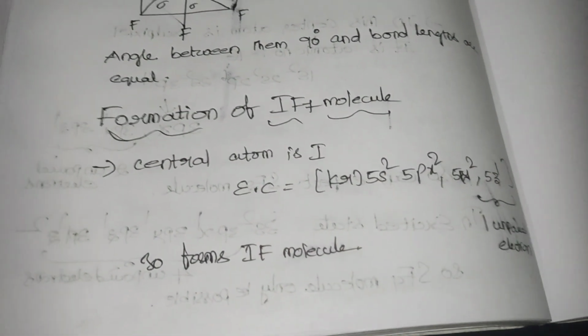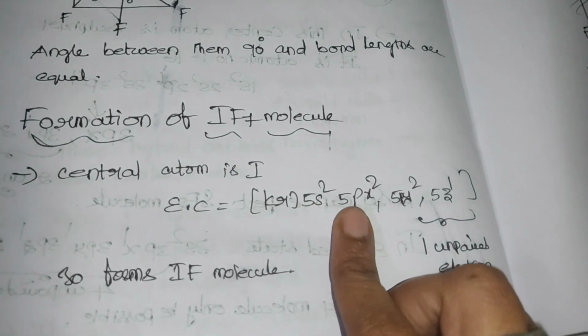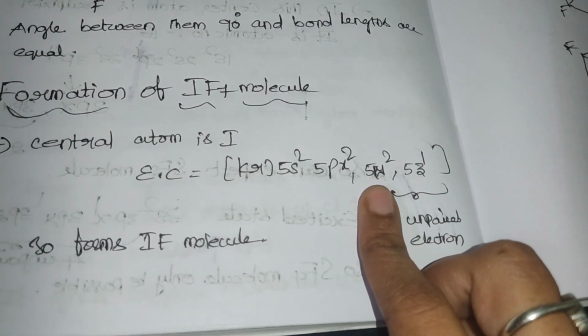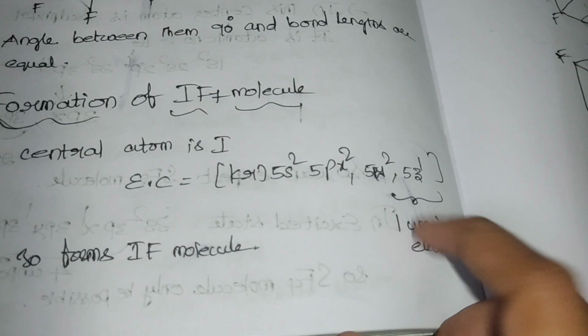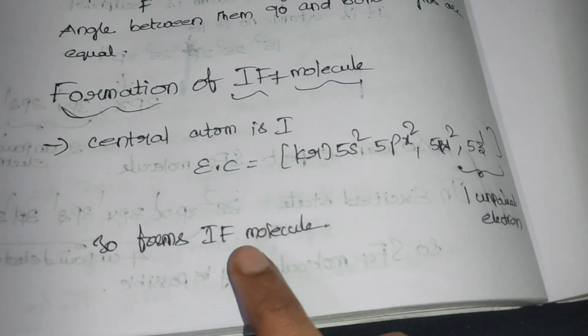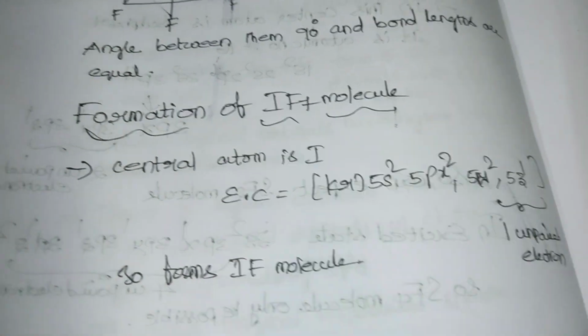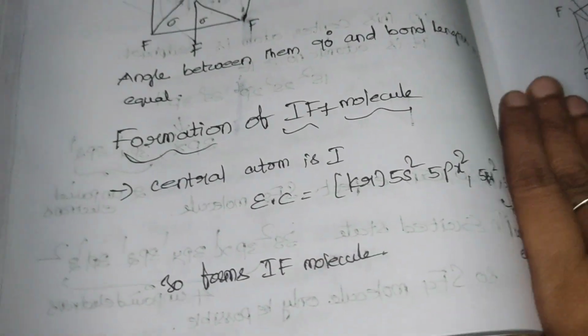The central atom is iodine. Its electronic configuration is krypton 5s2, 5px2, 5py2, 5pz1. Only one unpaired electron is there, so it can form an IF molecule in the ground state. But how to form the IF7 molecule? It will undergo excitation three times.